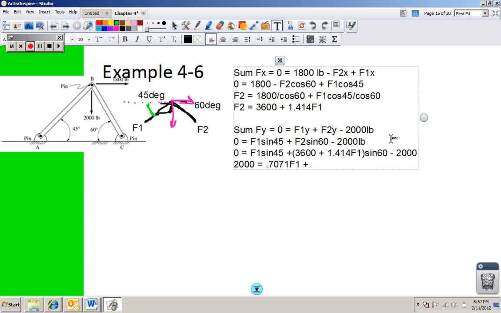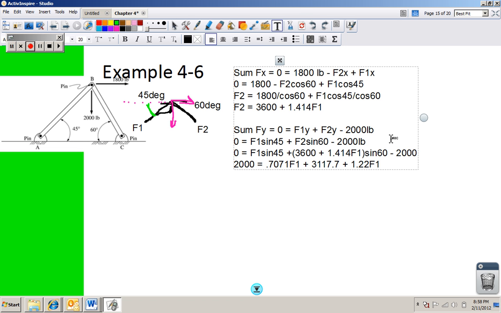Alright, then I've got to distribute that sine 60. And I get 3,117.7 plus 1.22 F1.